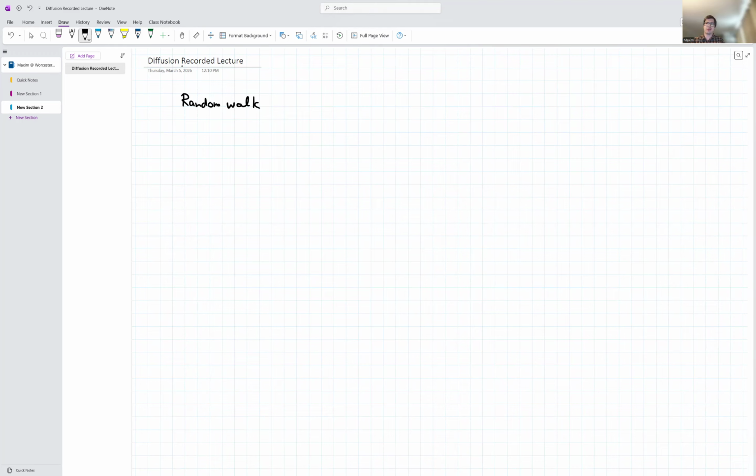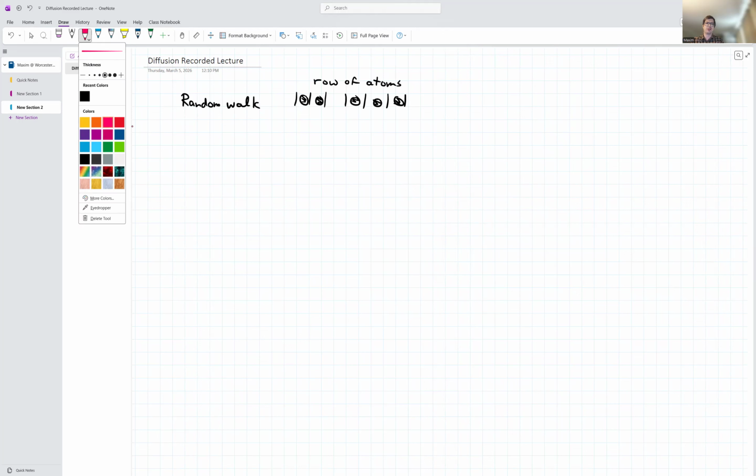It's really quite a good framework for these solid solutions, because if we imagine a lattice, say a row of atoms, a bunch of lattice locations, in a solid, and say you have a vacancy here.